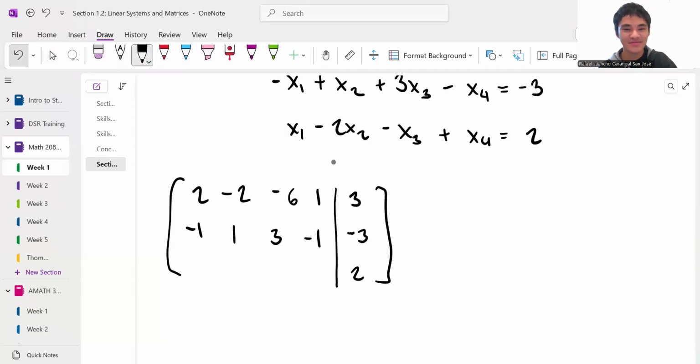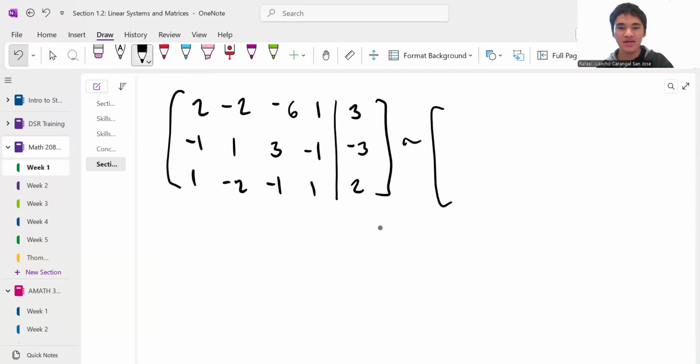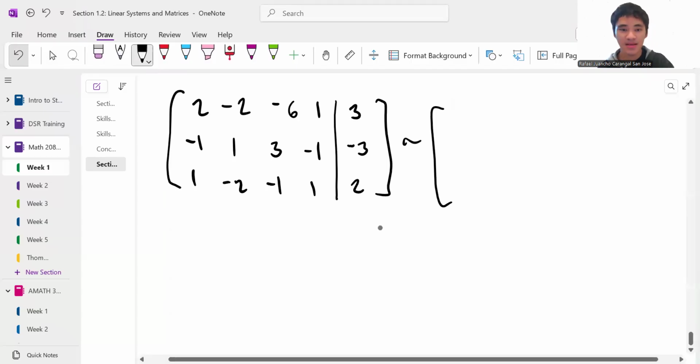Then we have 1, negative 2, negative 1, 1. We get quicker doing this because we can easily see the coefficients in the linear system. We want to make them into echelon form. How do we do that?